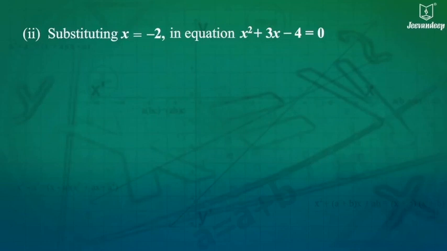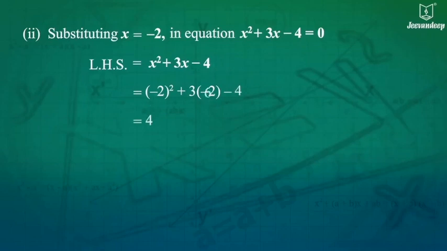Substituting x equals minus 2 in the equation x square plus 3x minus 4 equals 0, left hand side equals minus 2 square plus 3 into minus 2 minus 4 equals negative 6.